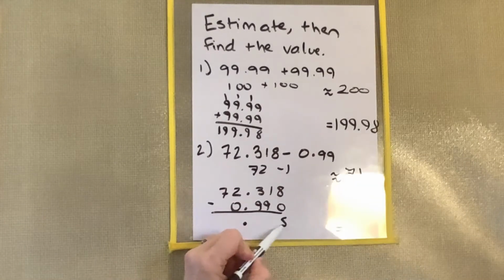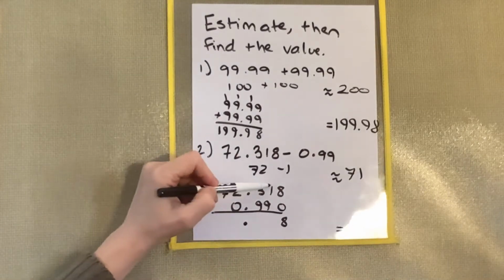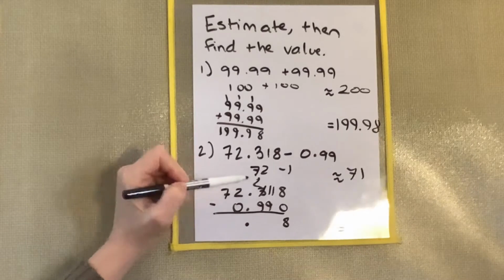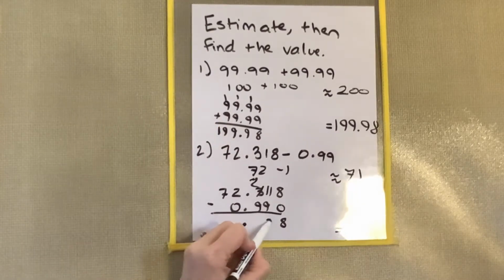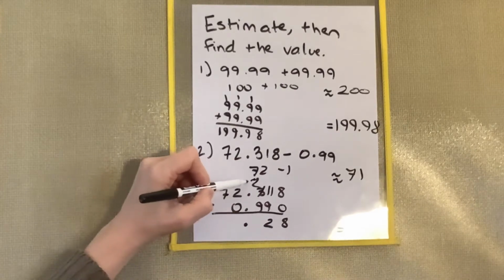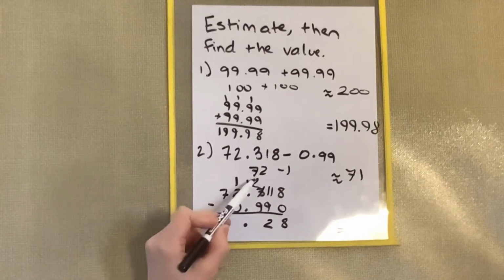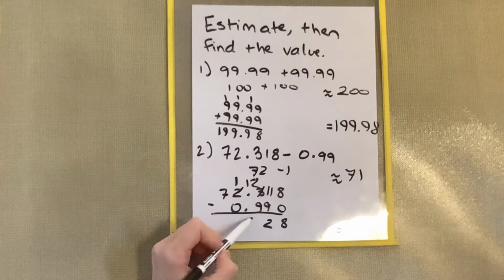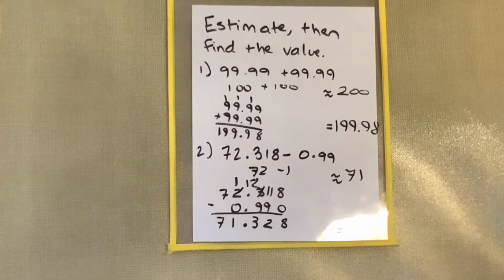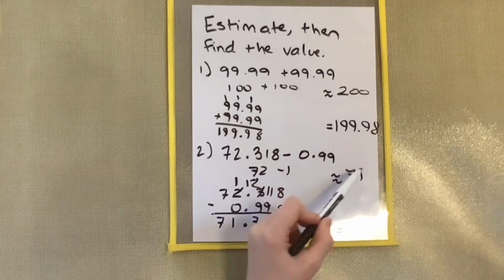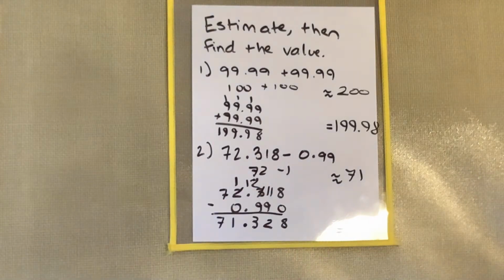So 8 minus 0 is 8. 1 minus 9 we can't do, so we're going to regroup here. 11 minus 9 is 2. Again, we have to regroup. So this becomes a 12 and this a 1. 12 minus 9 is 3. 1 minus 0 is 1. 7 minus 0 is 7. So we end up with 71 and 328 thousandths, which again, is pretty close to our estimate here.